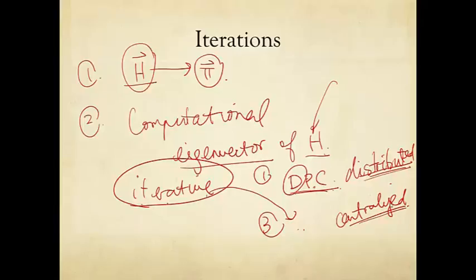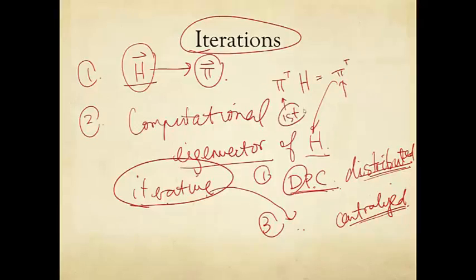Now, towards the end of the 4th module of this lecture, we will come back to this iterative method. You're going to compute the pi not directly by computing the eigenvector of matrix H, but instead, you will keep multiplying pi transpose on the right by H. Call this the first iteration. Then that gives you pi transpose, the second iteration.